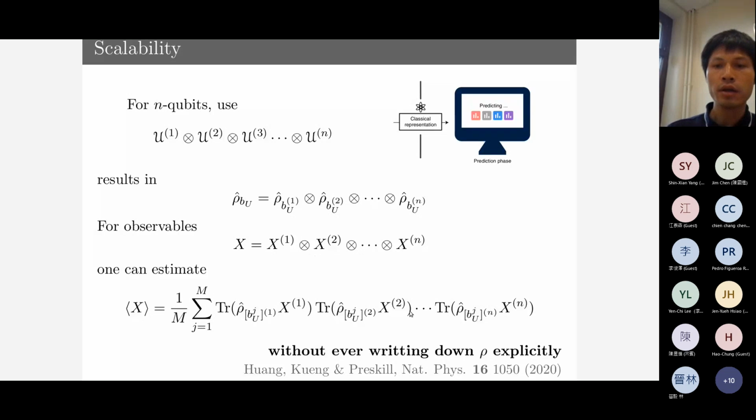For each point in the data set, you can efficiently compute it as simply the product of the different values estimated for each of the qubits. In this way, you never have to store the whole big matrix rho b-u, but you can directly compute this average for each of the qubits and simply multiply them with each other. So rho is never written down explicitly, and that's why it's scalable. It's fast, and you don't have to store a big matrix at all.